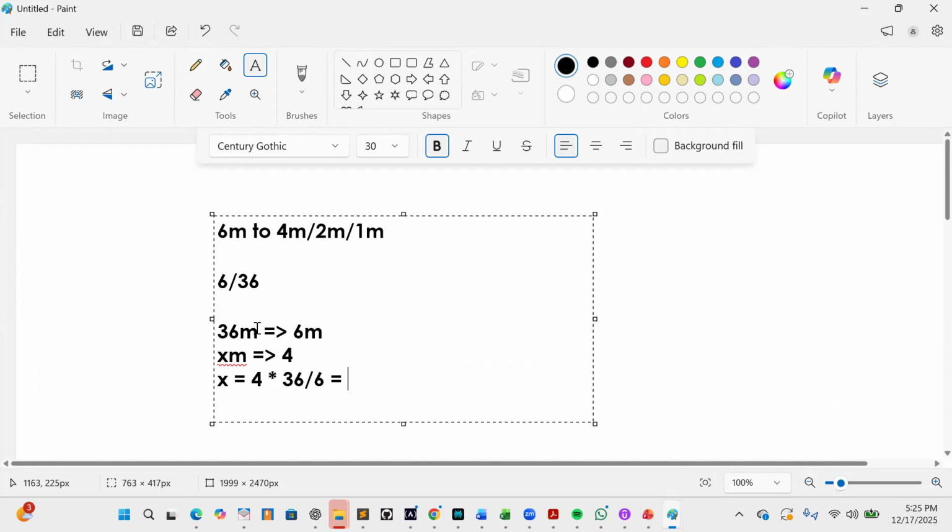And that will equal 24. So that will now be 24 meters. And so 6/36 is now equal to 4/24.